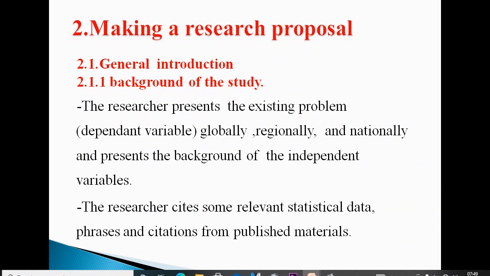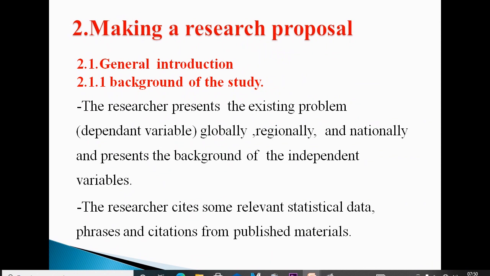Let us start talking about the general introduction of your research proposal. In a general introduction, we find, first of all, the background of the study. The background of the study is the first subtitle of the general introduction.